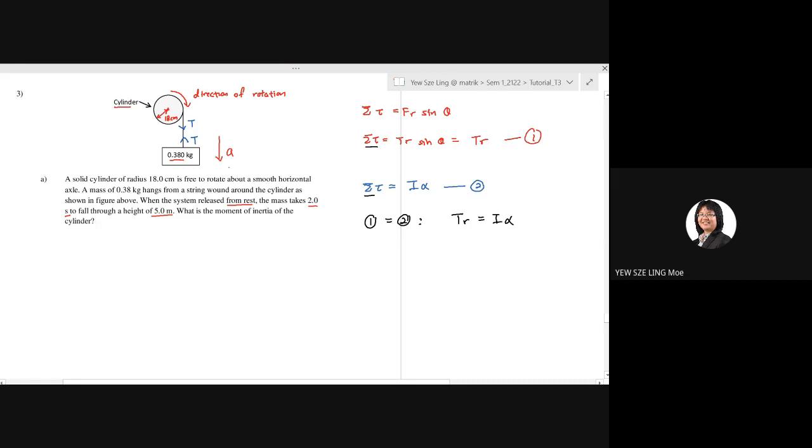Now, if you look at this diagram again, if I keep it as alpha, I cannot link the cylinder and this 0.38 kg mass together. Because the 0.38 kg mass uses acceleration, and in our current equation we have alpha. Therefore, what can I do? I can say a equals R alpha.